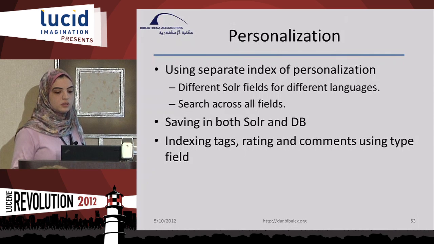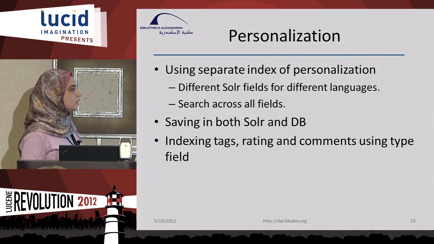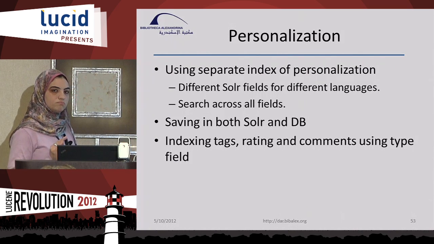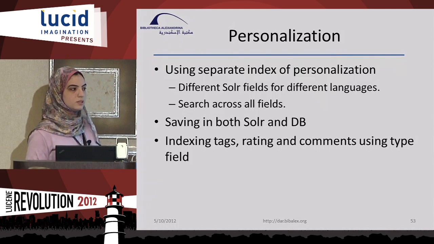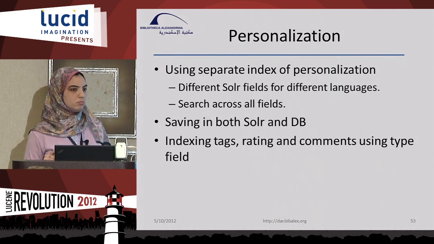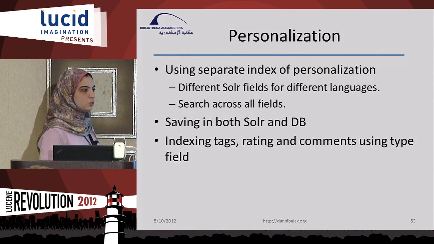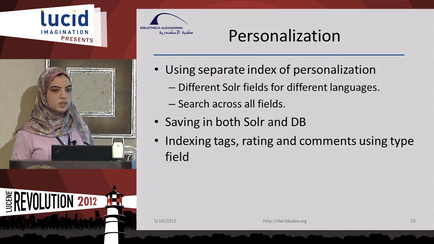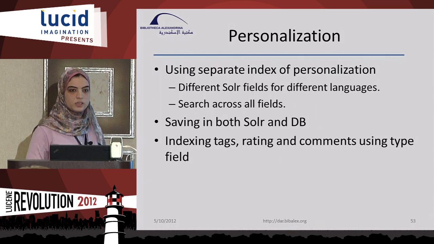We are saving the personalization, like the tags and the comments, in both the database and Solr, because we have noticed that the personalization has huge updates every day. If we have 1,000 users using the book viewer, and all of them are commenting on the book, then we have about 1,000 updates on the Solr index.